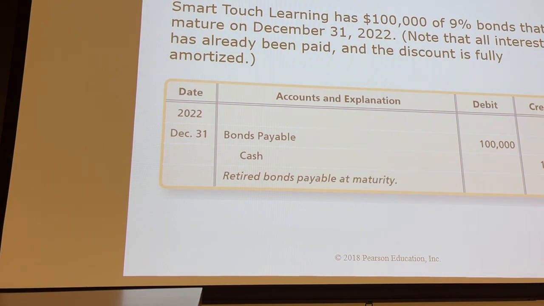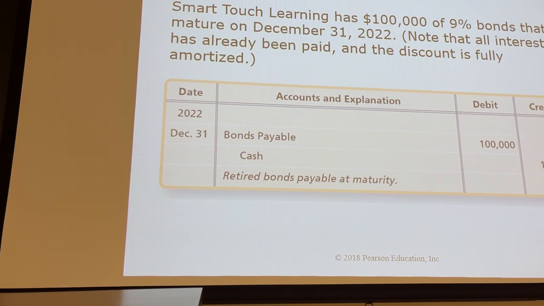Smart Touch Learning has $100,000 of 9% bonds that mature on December 31st, 2022. Note that all interest has already been paid and the discount is fully amortized. So to retire the bonds, it's very simple.